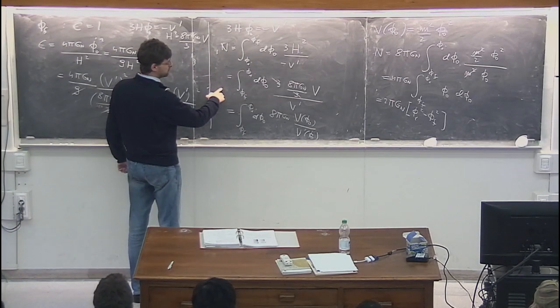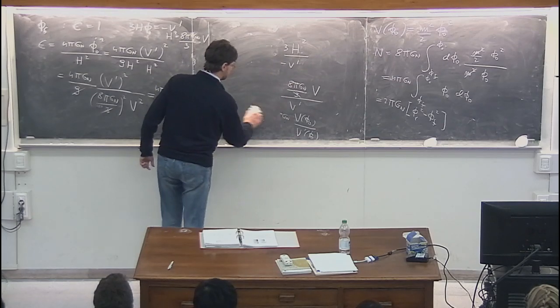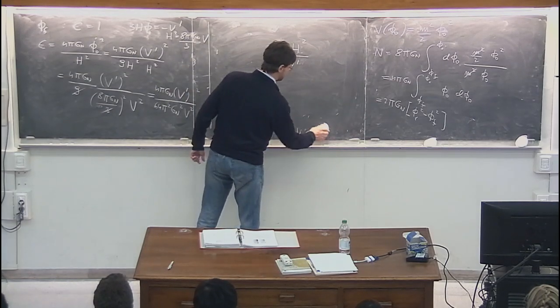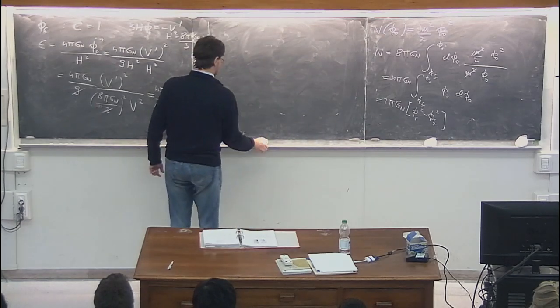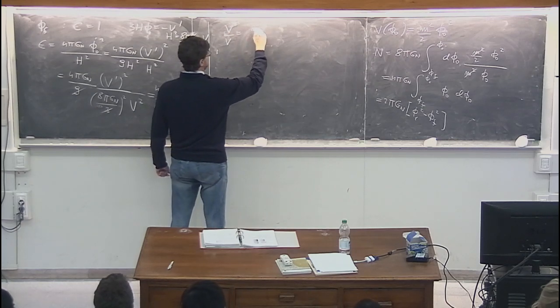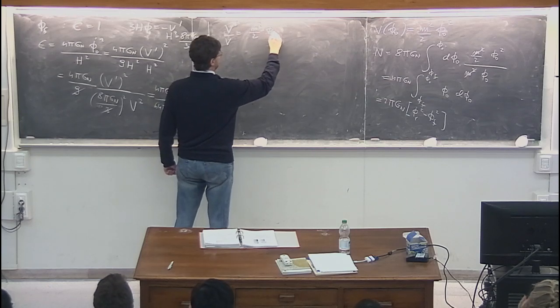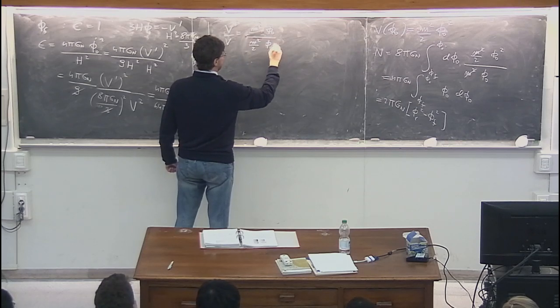So I want to, no, this I can erase. And now I need to impose that this number is equal to 1. Okay? So what is V prime divided by V? So as we said, this is m squared phi 0 divided by m squared divided by 2 phi 0 squared.